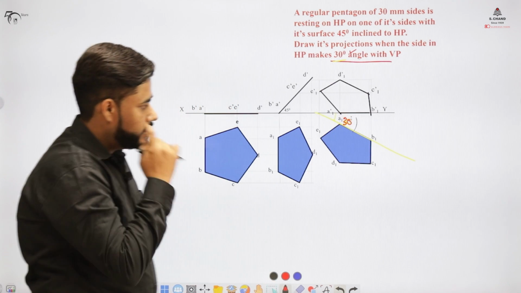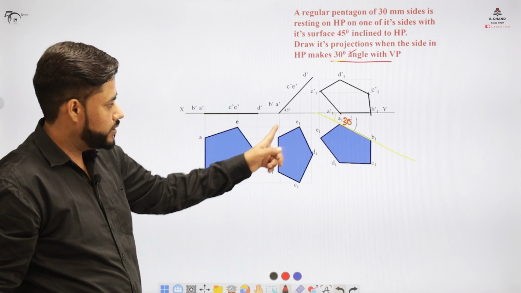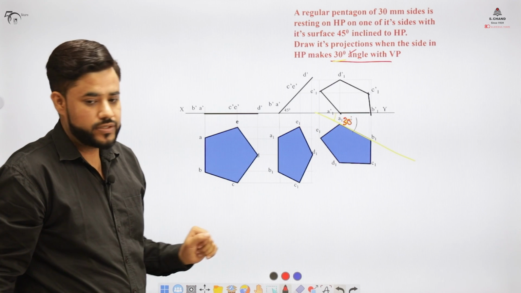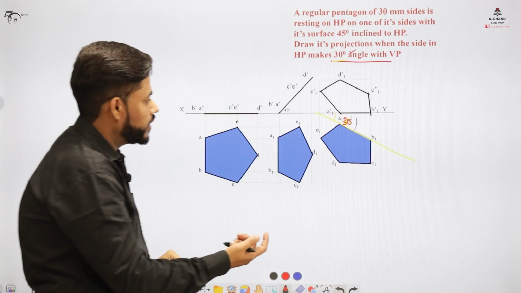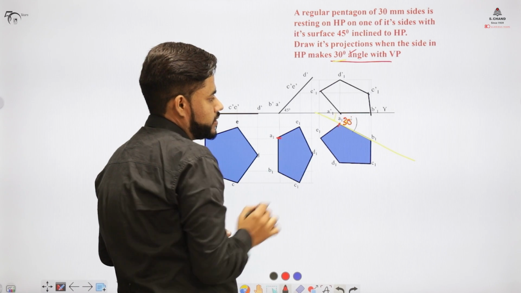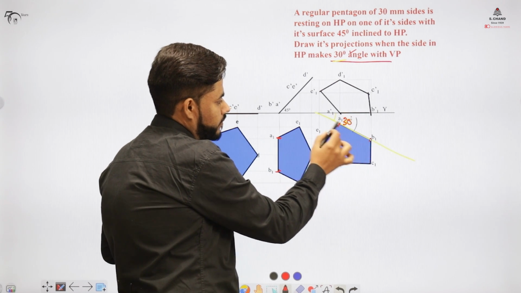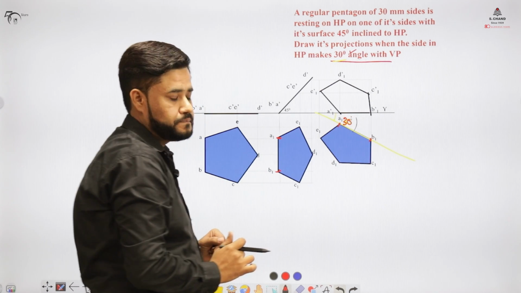Right? And what I'll do, I'll initially try to make this mesh on the surface of the inclined line. So how can I do that? I'll take this point as A and mark this distance A on there. I'll take this distance as B and mark the same distance on the inclined line. So a similar distance is to be marked there.